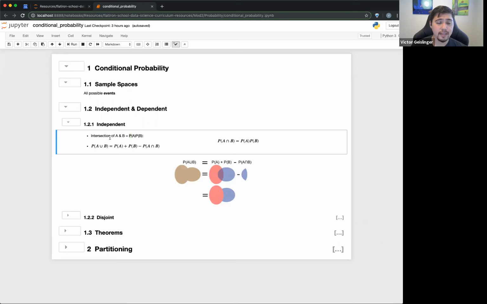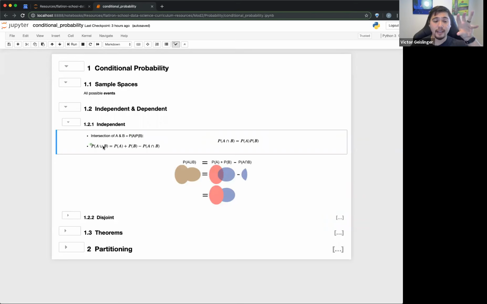So when we say something called an intersection, which is represented by this upside down U, it's basically the sample space of A intersecting with the sample space of B. If those intersections are basically just being multiplied, that means it's independent. This also has a property for a union, which is what this U means.